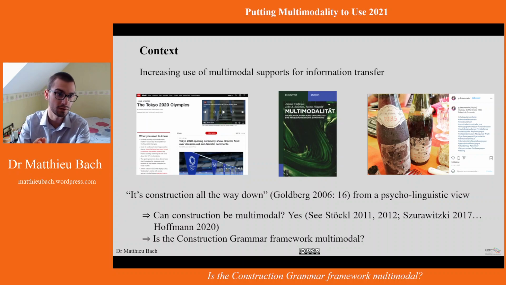The first one is a screenshot from the CNN website homepage, and you can see that there is some text, then you have a video, and you have a picture, and the whole thing is stable, and you have to have the three elements in order to make the homepage a homepage.